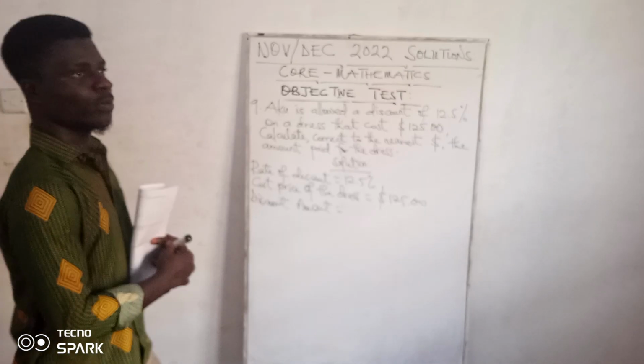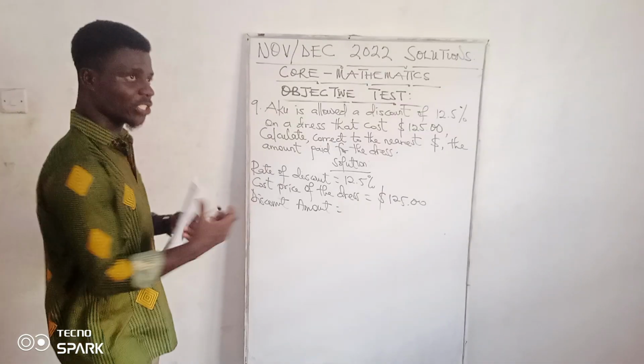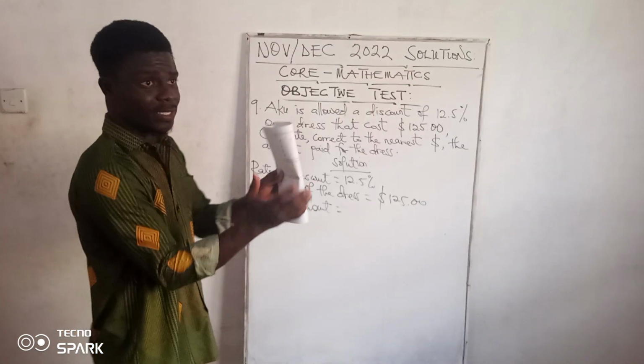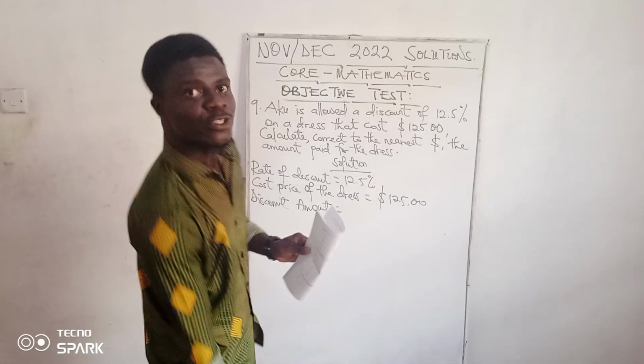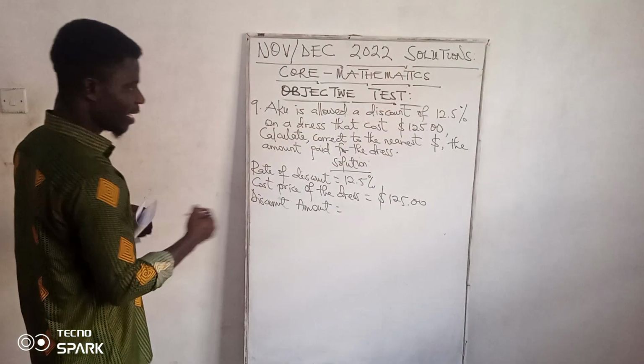The reduction in price, this kind of discount amount is the amount saved, which is going into your pocket, not going to them, the company or the business entity, right?